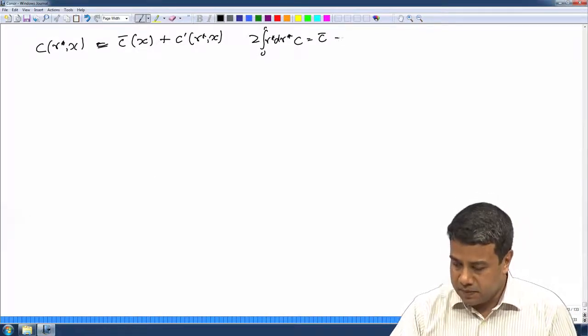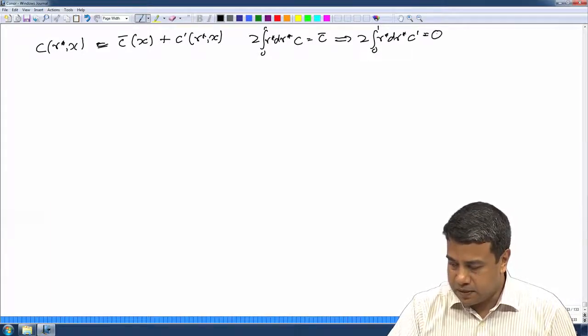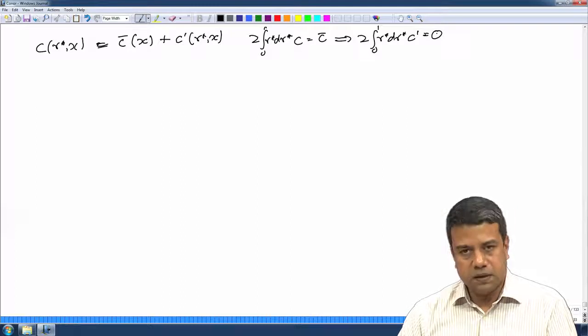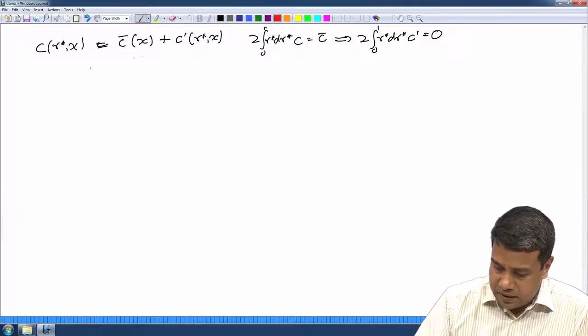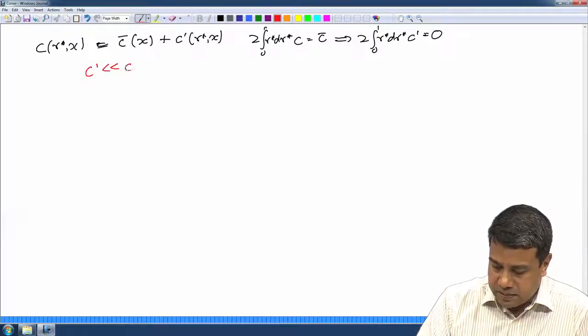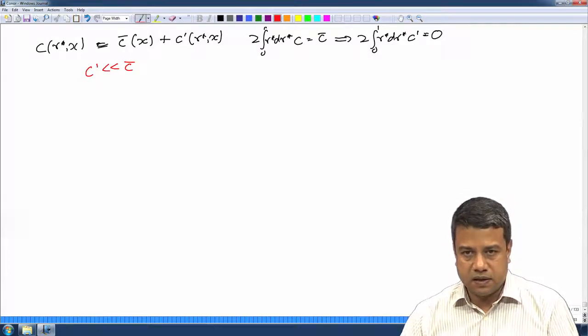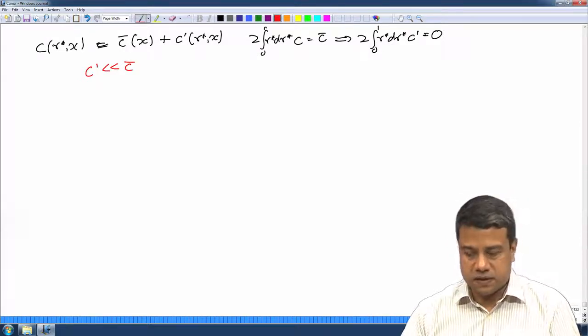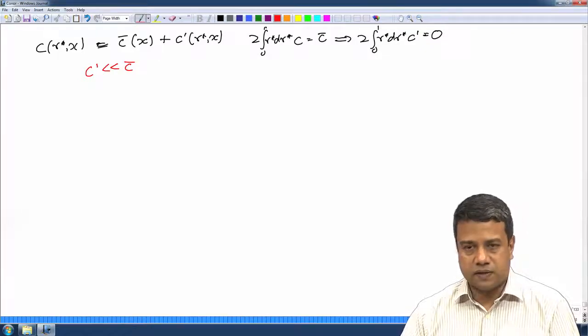That implies that 2 integral 0 to 1 of r star C prime has to be equal to 0. The second approximation we are going to make is that C prime is much smaller than C bar. That is, the deviations from the average concentration are small compared to the average concentration itself. I will come back and check the accuracy of that after we complete the solution.